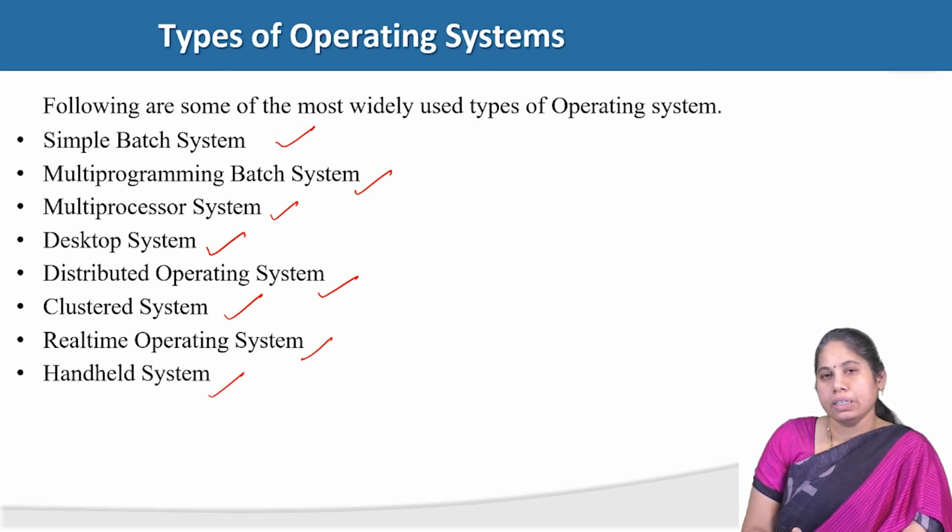What we learned till now is, first, what is meant by operating system, the different goals of the operating system, the different perspectives, user point of view and system point of view, how the operating system acts, what it does, and the different components of the operating system.